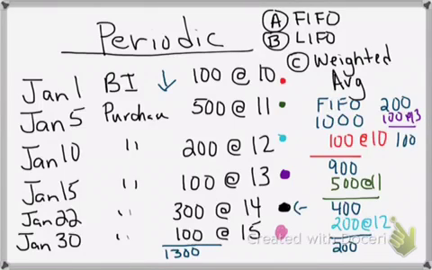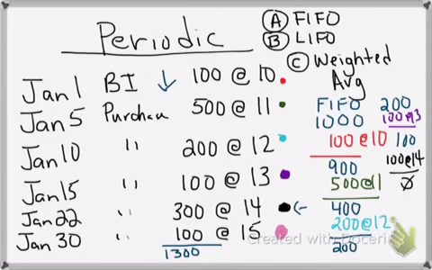So of that, we're going to sell 100 at 14. And then that pretty much has us where we have everything that we need out there.